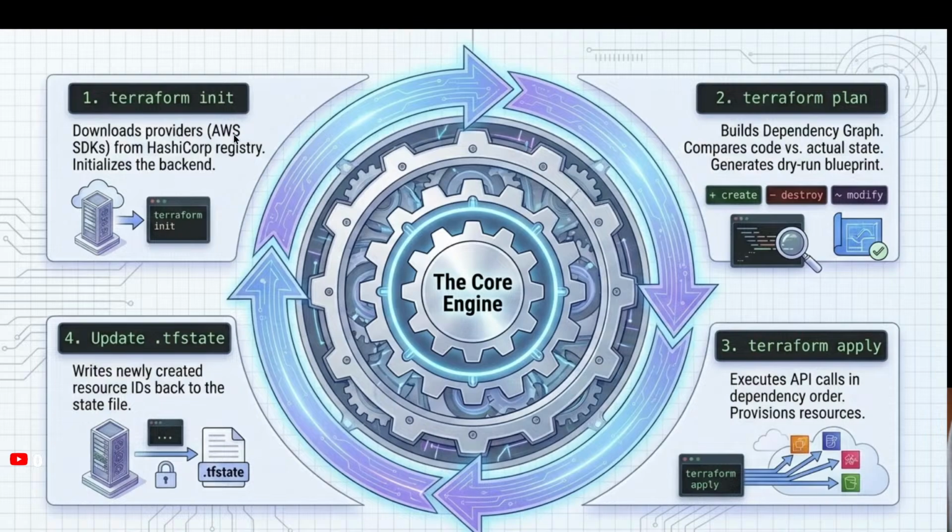So we were able to use these Terraform commands. We were able to do terraform init. It goes to the internet, and if you have said you want your provider to be AWS, it downloads the AWS SDK and brings it into your laptop.